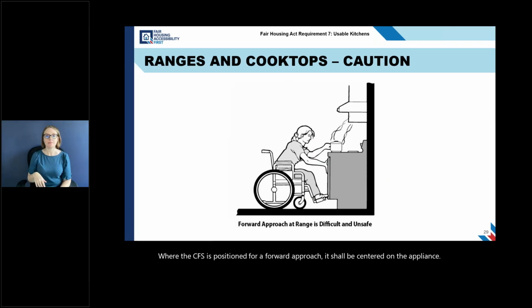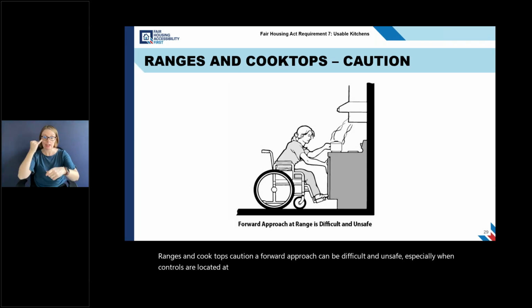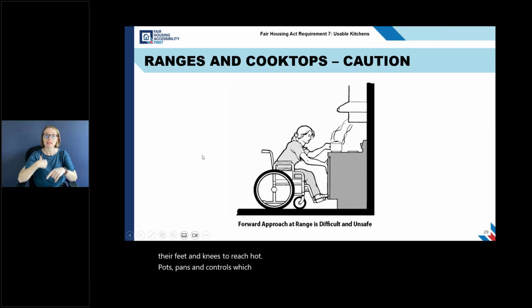Ranges and cooktops. Caution. A forward approach can be difficult and unsafe, especially when controls are located at the back of the appliance. It requires seated users to lean forward over their feet and knees to reach hot pots, pans, and controls, which can be dangerous.